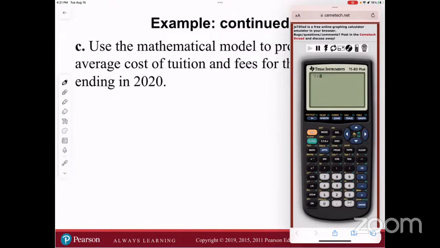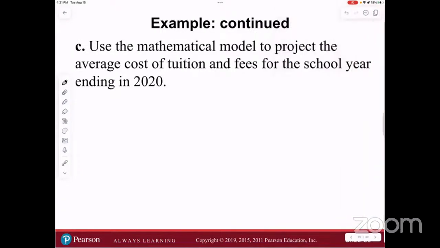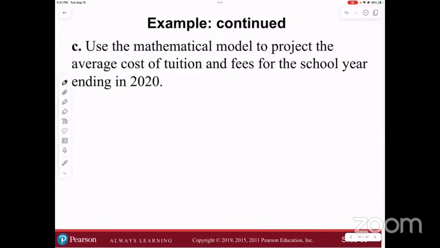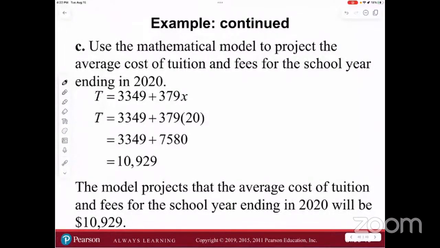We said it's 20 years later, so our x is going to be 20, and close parentheses. And our approximation for tuition and fees is $10,929. Okay.